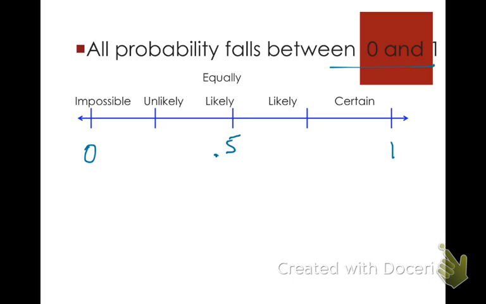So 0.5, that's like a 50% chance. That's likely. If it's 0.25, 25% chance, probably unlikely, but maybe. And then if it's a 0.75, likely that it may happen, but it may not. And so that's if you talk about probability as a ratio or as a decimal.